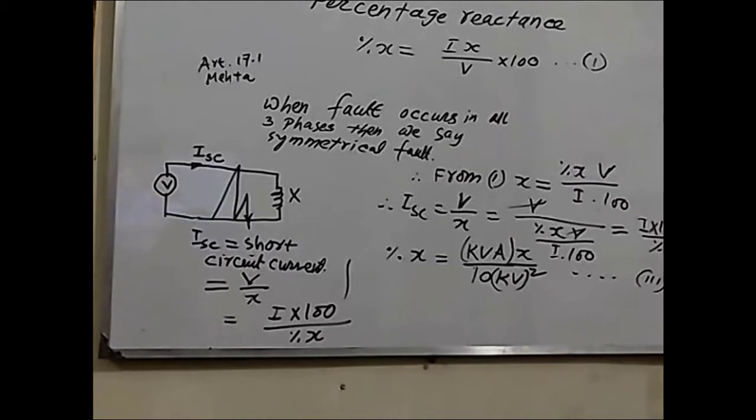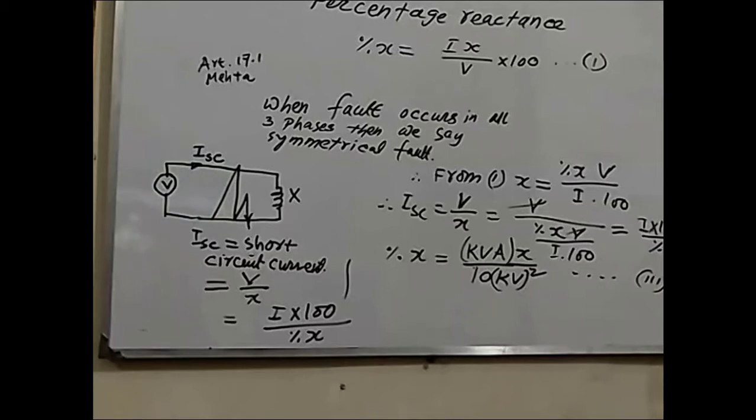Have you seen how many equations I have written here to solve a problem in the percentage system, symmetrical components? Three equations. These three equations are very necessary to solve the problems. Number 1 you have known, number 2 we have proved. Number 3 is percentage X equal to kVA into X divided by 10 kV squared.